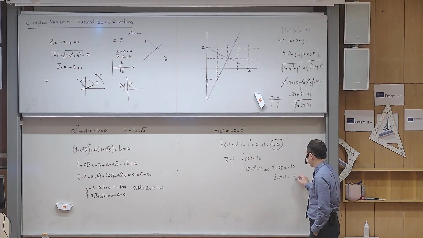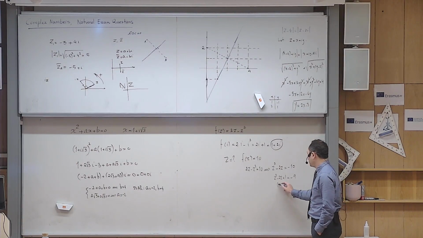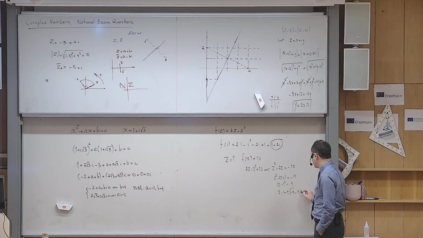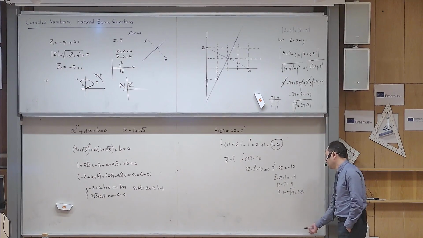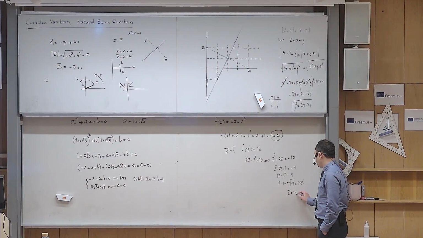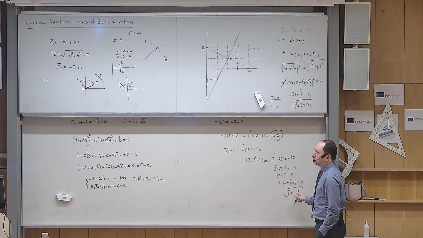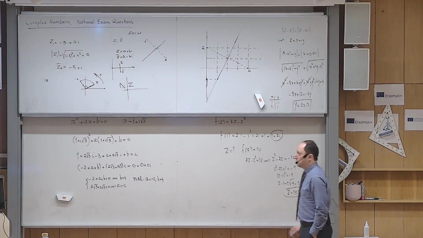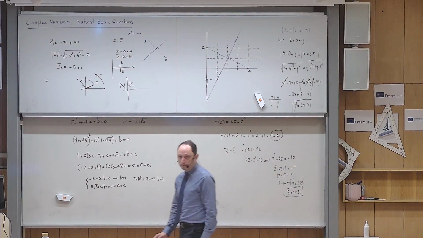It becomes minus 9. And then it becomes z minus 1 squared is minus 9. So z minus 1 is plus or minus the square root of minus 9, which becomes plus or minus 3i. So z becomes 1 plus or minus 3i. So these are the numbers that you need to write down there: 1 plus 3i and 1 minus 3i.